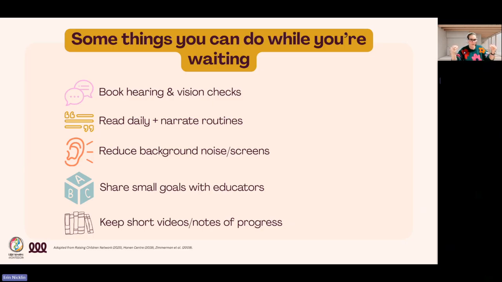And when we can't pull it out of our brain, because that can be really hard, especially when we're seeing a professional, it's hard to remember everything we want to say. We can say, actually, I've got a video and I can show you exactly what's been happening.